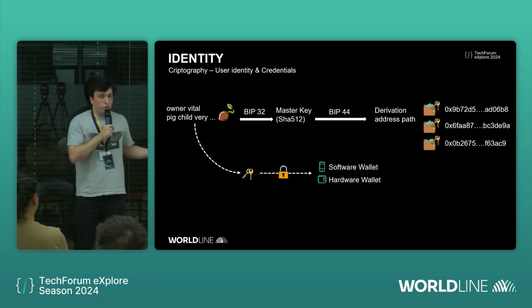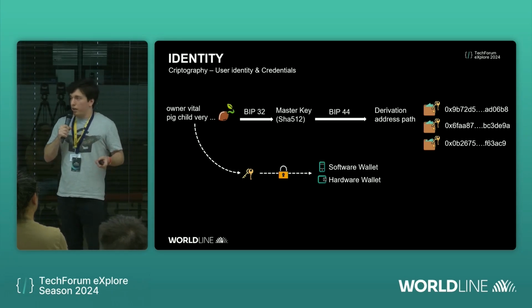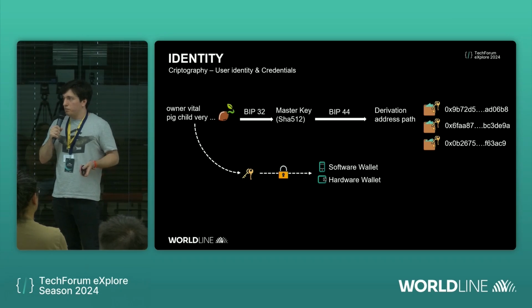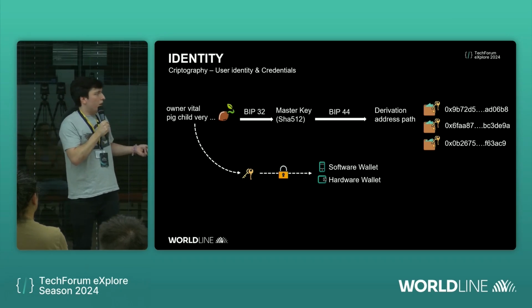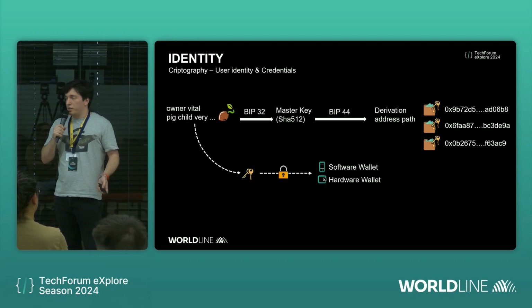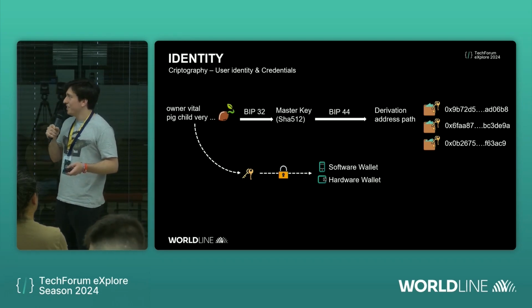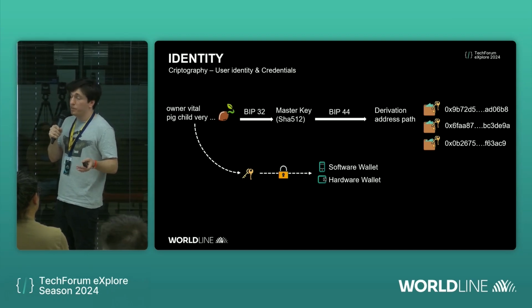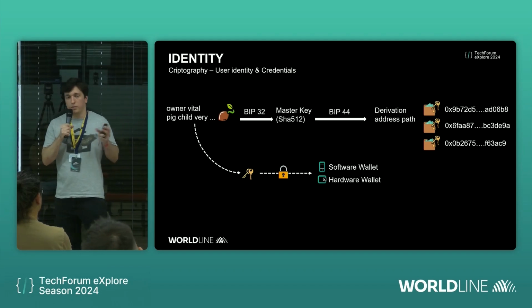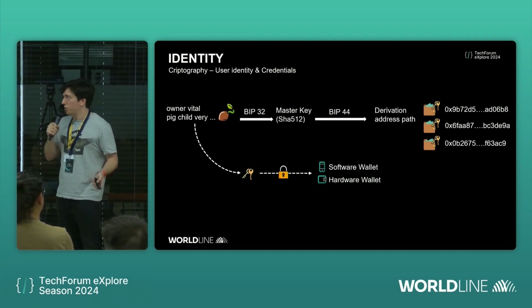This is also used in software and hardware wallets to ensure security. In this case, the blockchain contemplates these problems with the BIP algorithms, specifically 32, 39, and 44.